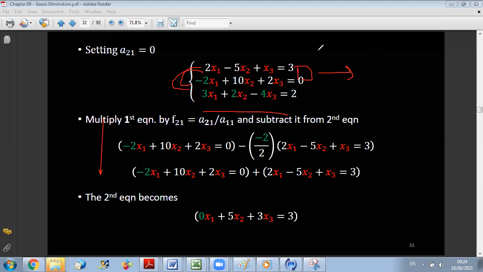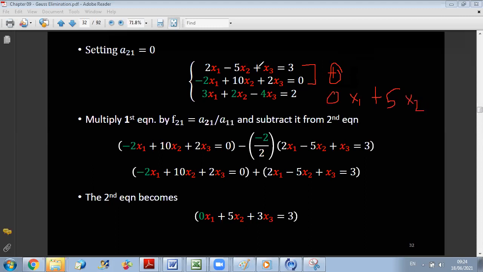For example, here, if I just add these two equations, try to do it. If you add these two, you will get 2x1 minus 2x1, which is 0, then minus 5x2 plus 10x2 is 5x2, plus x3 plus 2x3 is 3x3, equals 3.